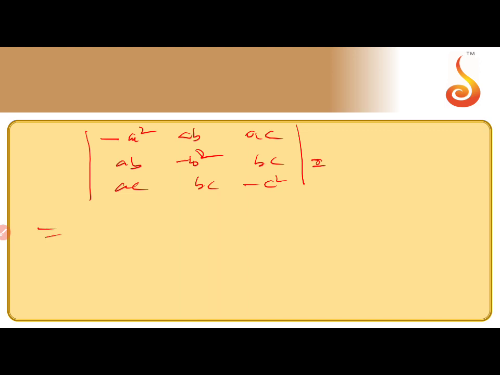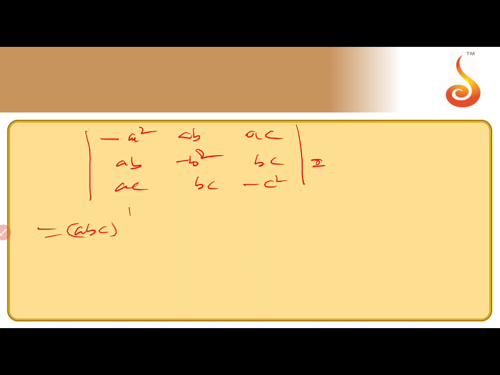I'll solve it on the next page. So b square plus c square is minus a square, ab, ac; ab, minus b square, bc; ac, bc, minus c square. From this, in the first row, what is common? A. Second row, b common. Third row, c common.